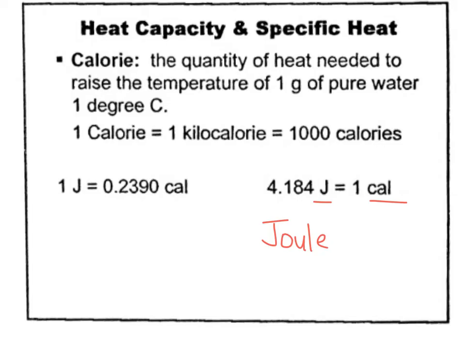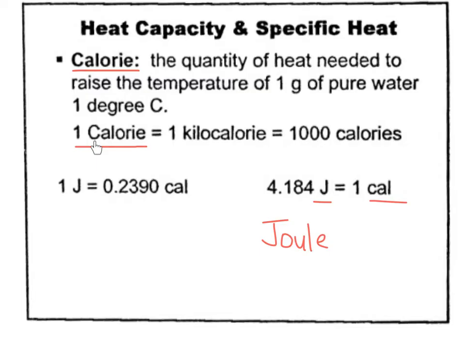And so here's your definition for a calorie: the quantity of heat needed to raise the temperature of 1 gram of pure water 1 degree Celsius. Okay? So the amount of heat to raise the temperature 1 degree Celsius. And here's a conversion. 1 calorie, and we call this a big calorie.